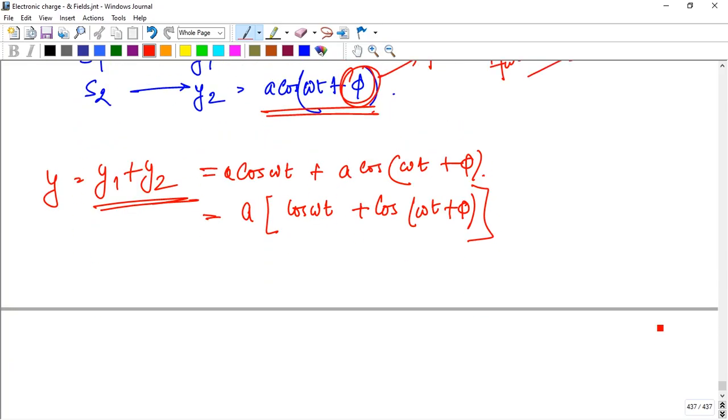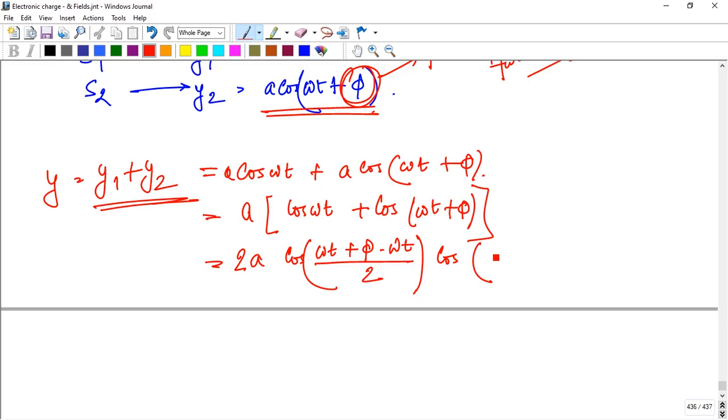So cos C plus cos D is 2 cos of (C plus D) by 2 times cos of (C minus D) by 2. That is twice a cos of (omega t plus phi minus omega t) by 2, and another cos of (omega t plus phi plus omega t) by 2.